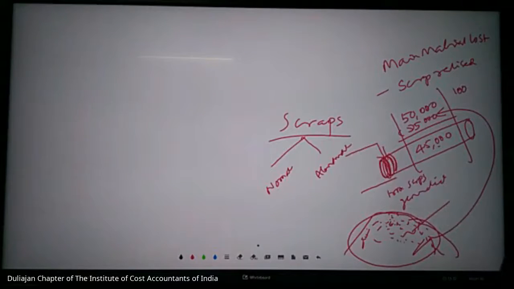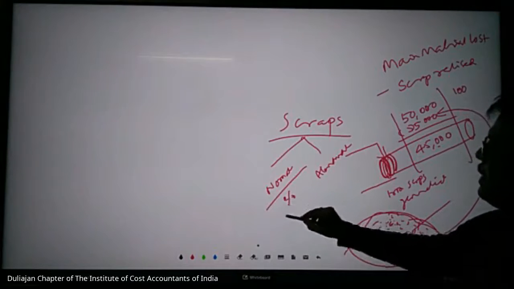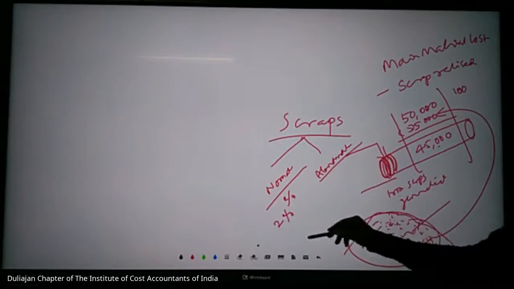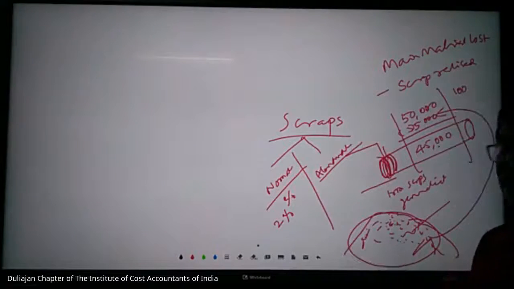Everywhere, based on our experience, everybody fixes a normal percentage. Like 2% is the normal loss. Beyond 2%, anything more than 2%, I will say is abnormal loss. So this is how scraps are treated in the books.